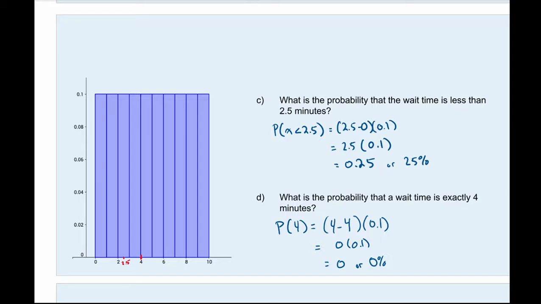I don't even know the rest of the units for smaller seconds, but you're never going to get exactly 4 minutes. So when we're looking for an exact continuous value in continuous probability, you're never going to find it. The probability is 0 or pretty much 0, just because there's an infinite possible number of outcomes.